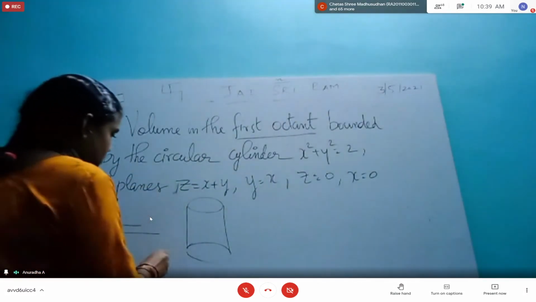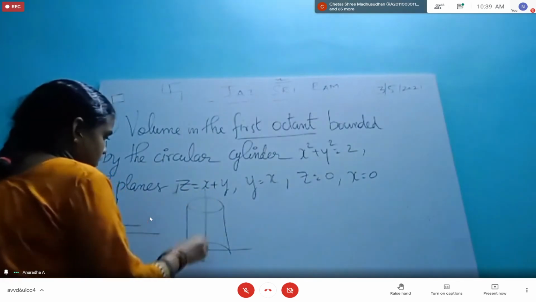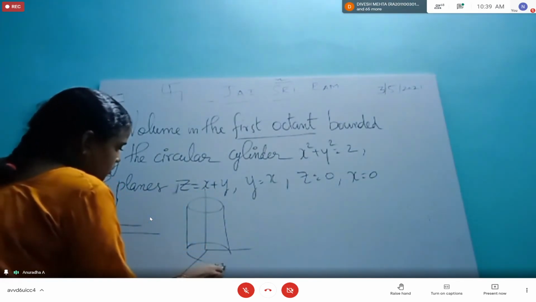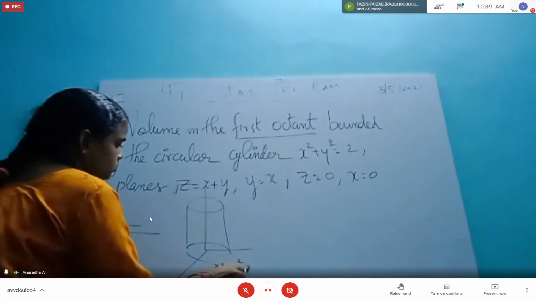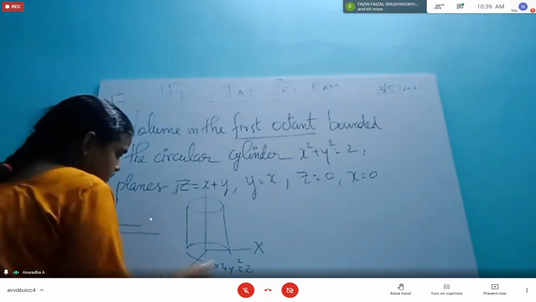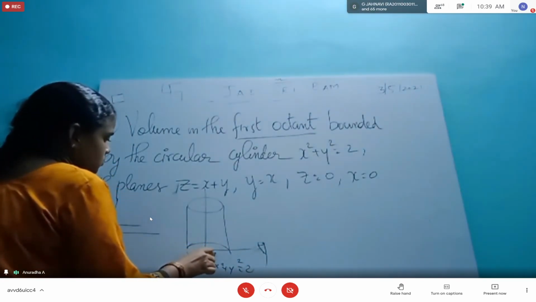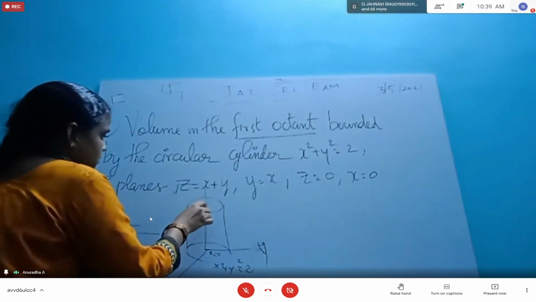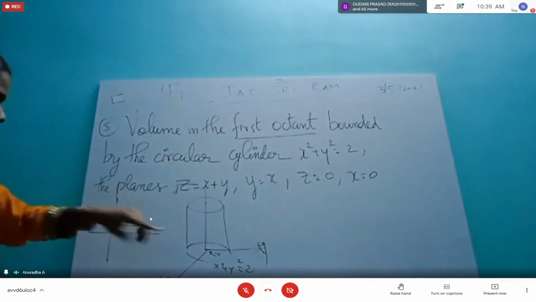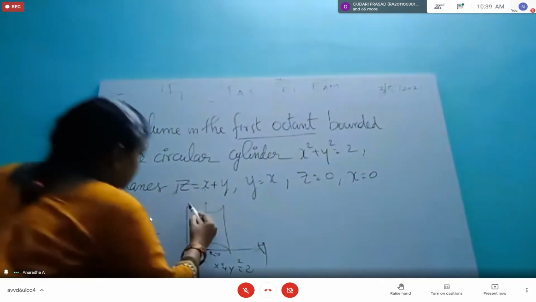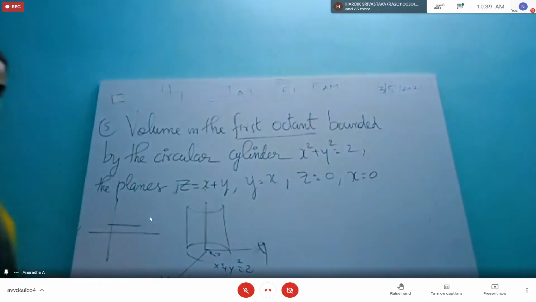So here in the 3D, we will have x square plus y square equal to 2 in the x-axis and y-axis, and z equal to 0 up to here. Please remember, it is a 3D diagram.